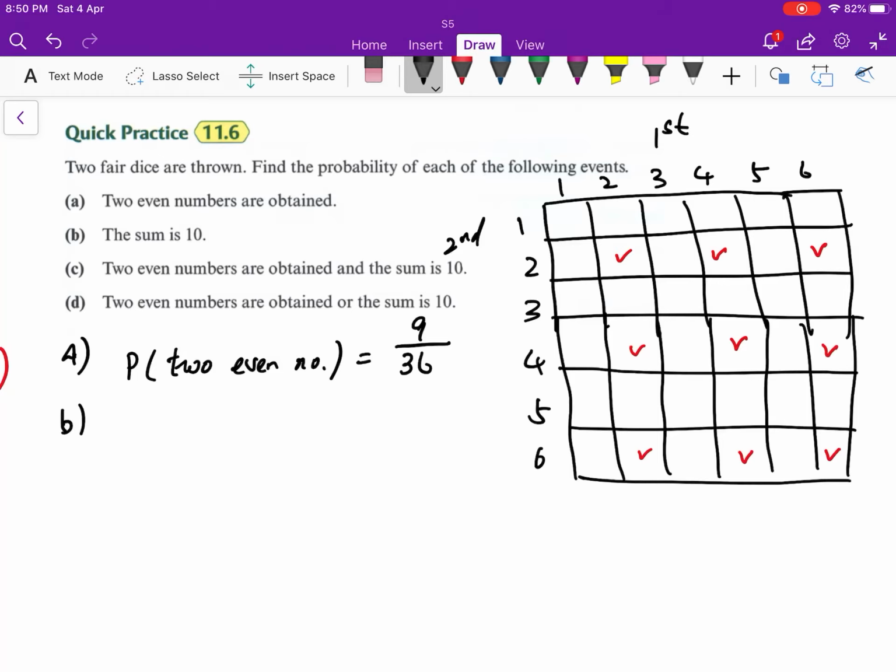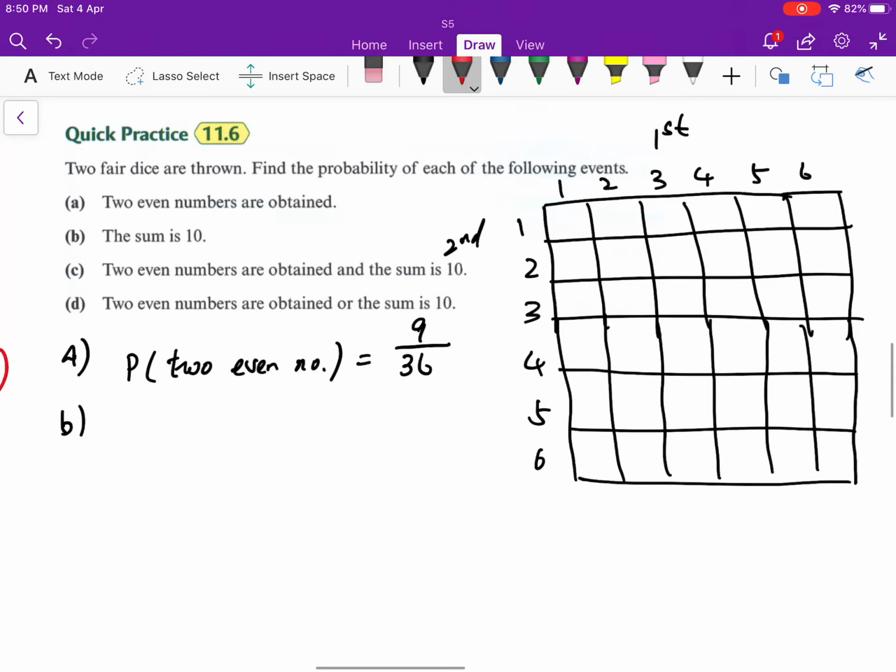Now B part, the sum is 10. Now try to find out the ones where the sum is 10. Select all those 10s. So how can you find the 10? It can be 3 plus 6, already 9, so it's impossible. 4 plus 6 is 10, right?